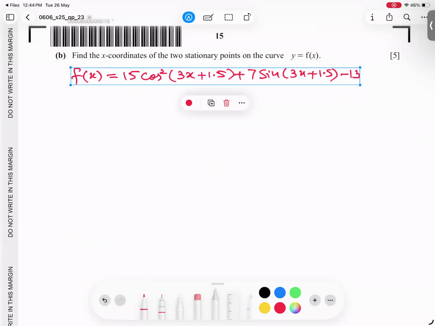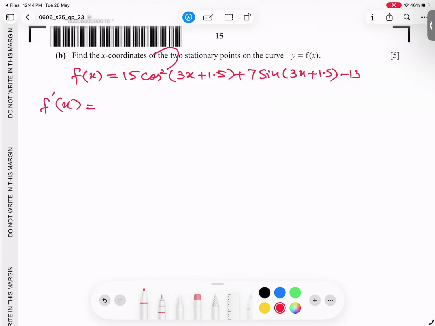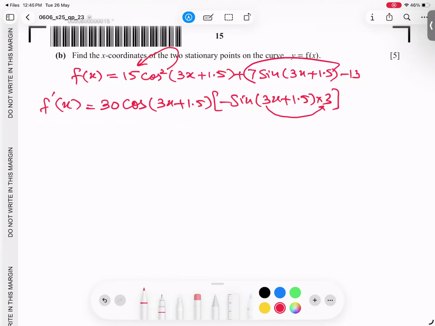So student, step number 1, f dash of x. 2 will come down, multiply 30 and power 1 less, and the complete angle as it is, into the derivative of the base, which is cos, which is negative sign. You know it very well. So I'm writing here negative sign, 3x plus 1.5, into 3. Why 3? Because it is the angle's derivative. And what about this?